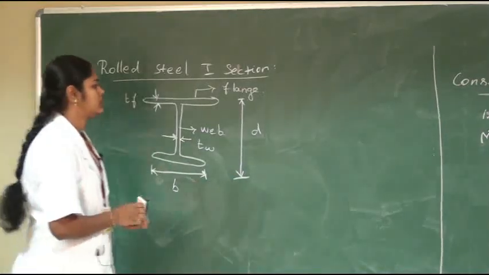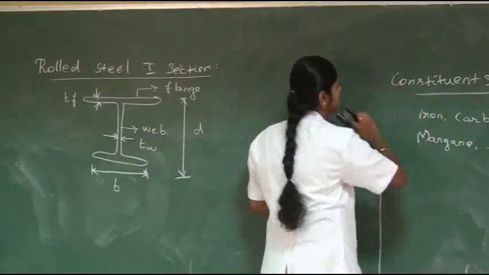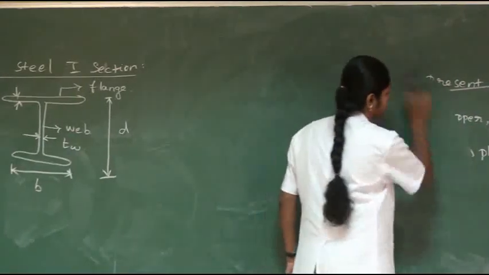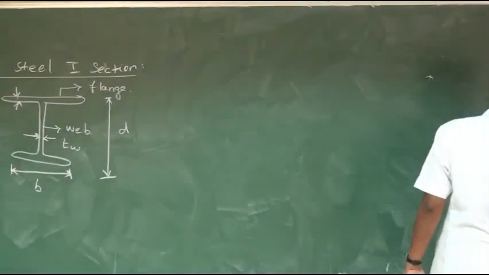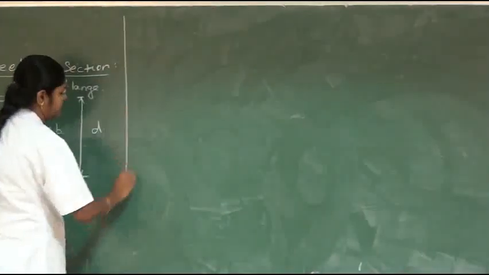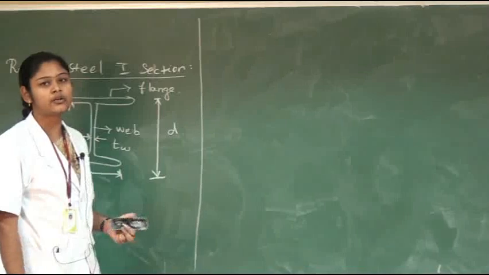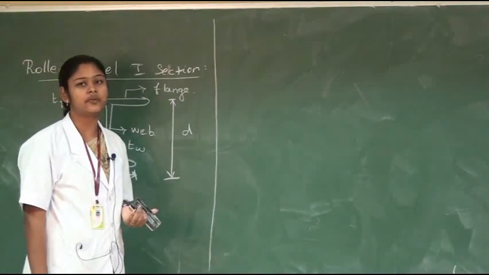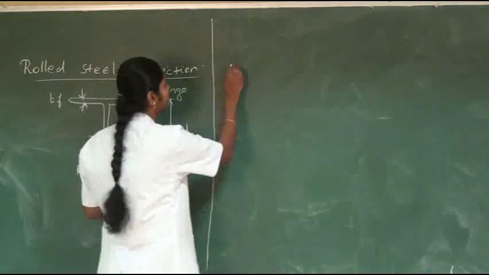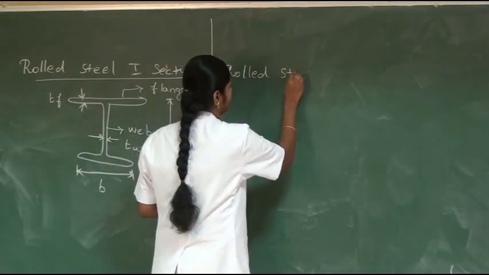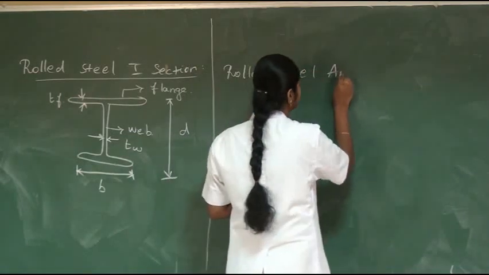Then the second one is the rolled steel angle section. In rolled steel angle section, there are two types of angle section. First one is an equal angle section and second one is an unequal angle section.